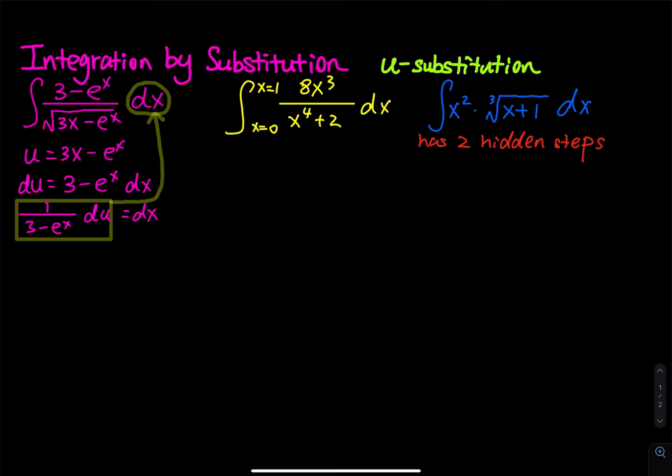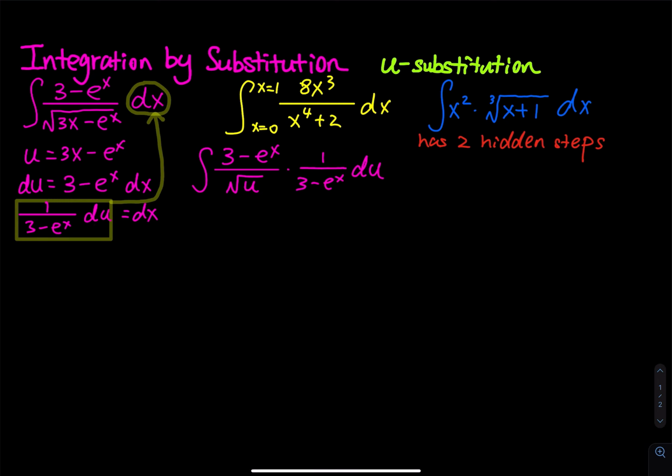And then the next step is you have an integral. So you have a 3 minus e to the x, and then the denominator is no longer the square root of that. The denominator becomes the square root of u, because you let this radicand be u, right? And then the dx is multiplied by 1 divided by 3 minus e to the x, and then a du, because you have a du over here.